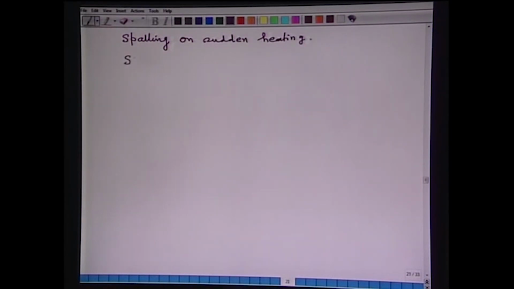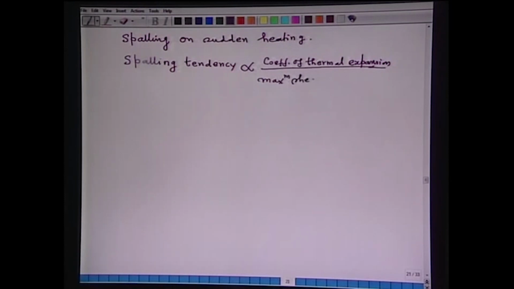We can define the spalling tendency of a brick as proportional to the coefficient of thermal expansion upon maximum shearing strength into diffusivity.